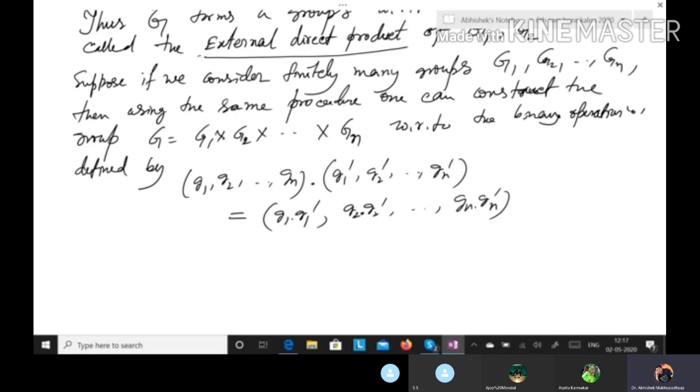So in the same way, we can show that this G is also a group with respect to this operation.